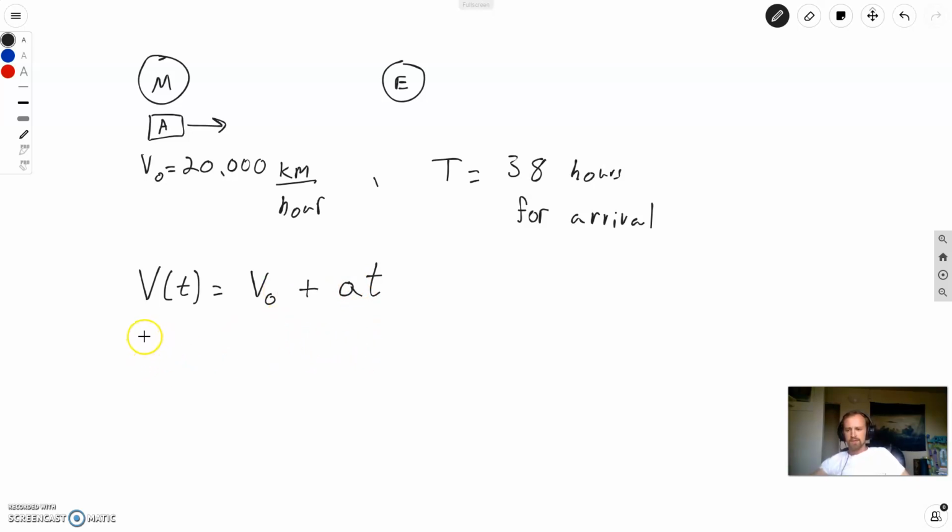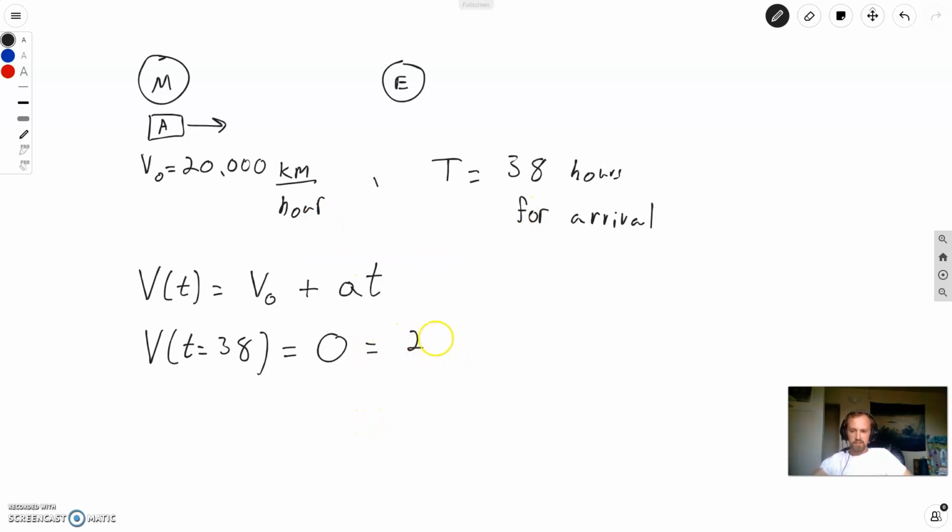Okay, now what do I know? I know that at v of t equals 38 hours, if I evaluate the velocity at this time, it better be equal to 0, right? Because they're coming to a rest in 38 hours.